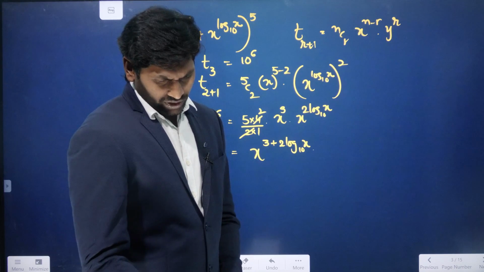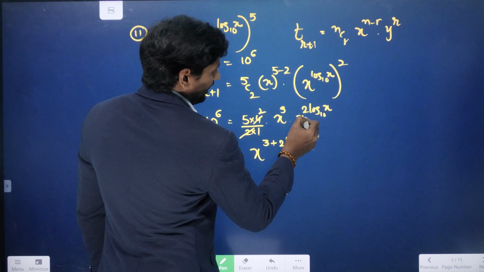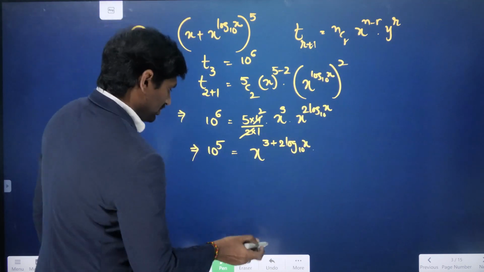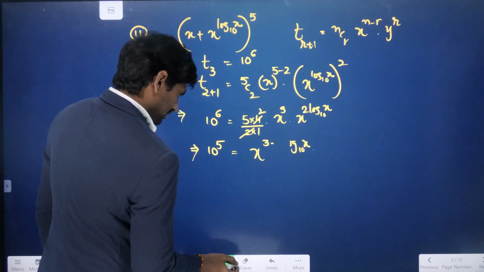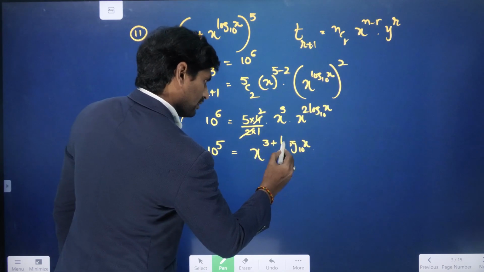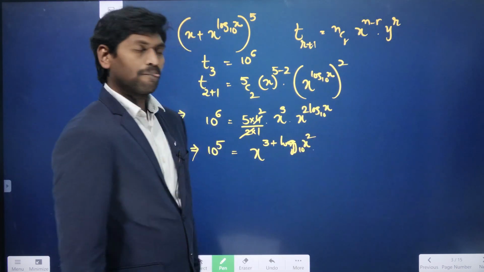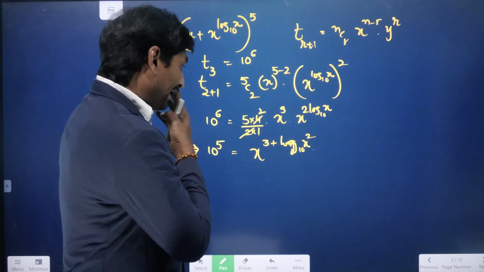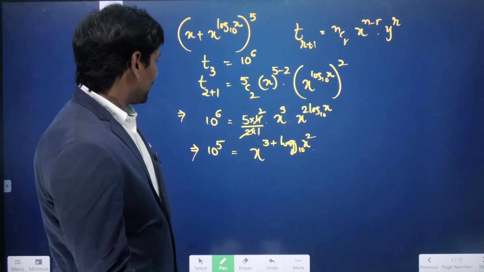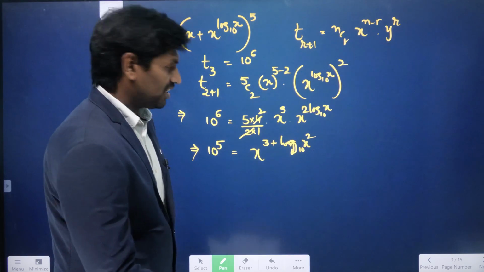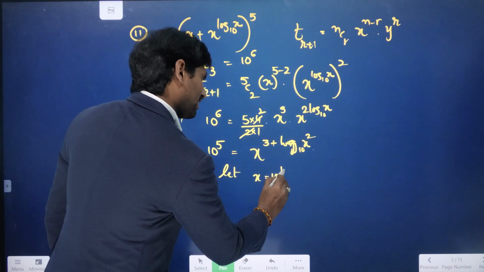So we can write this one as x power log x squared, that is, 2 log x base 10. Let us assume that x equals 10 power k.